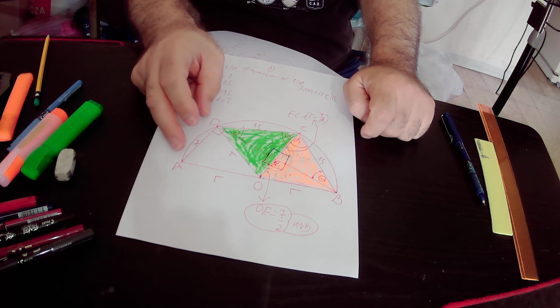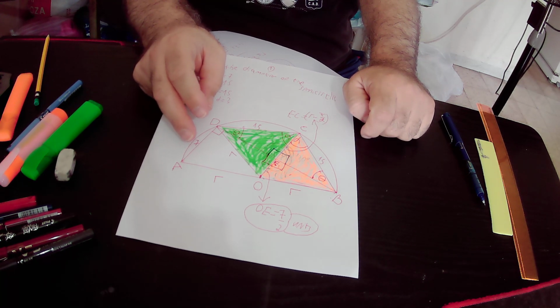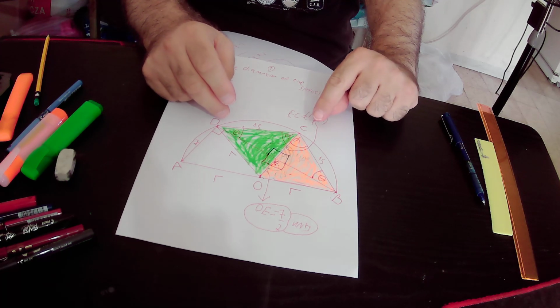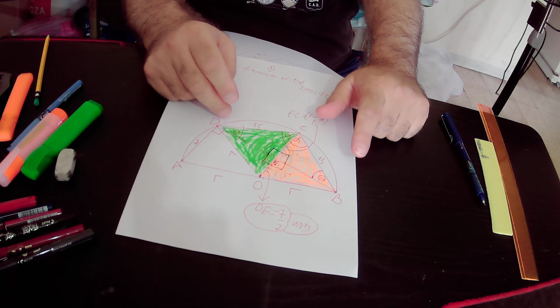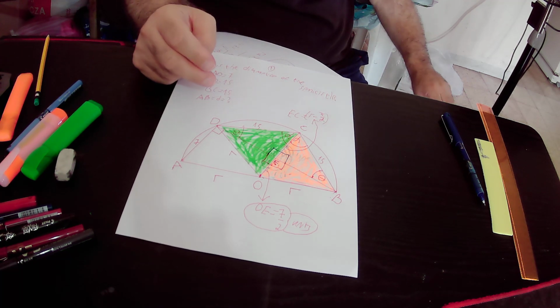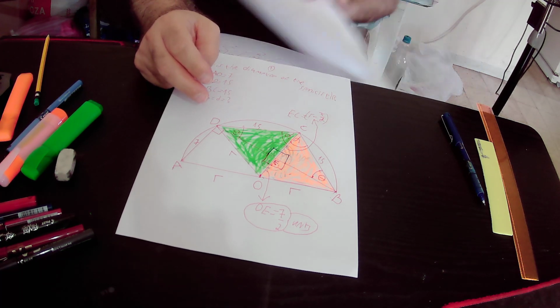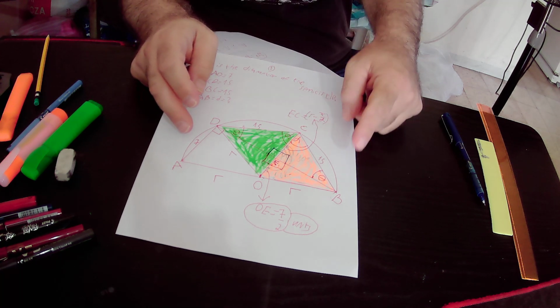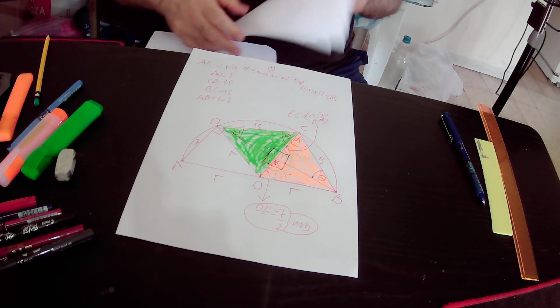We know that AD equals 7 units, chord DC equals 15 units, and chord CB equals 15 units in its size. And we want to find out the diameter AB of this semicircle.